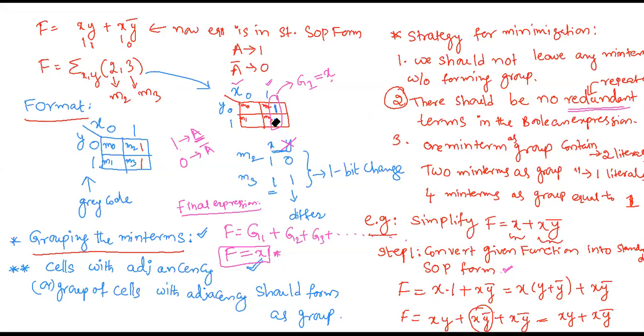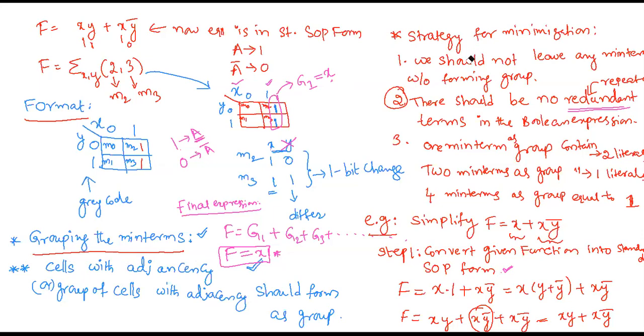After the K-map is ready, you have to group the minterms. When grouping the minterms, you need to follow only a single rule: a group of cells with adjacency should form as a group. This is one. M2, M3 are adjacent cells, you form them as a group.